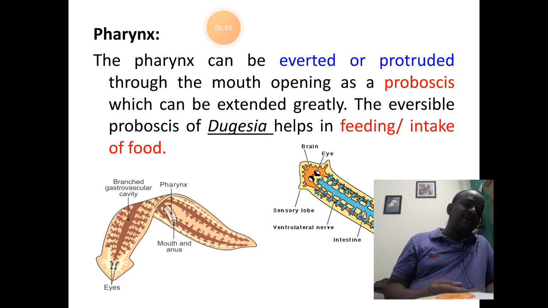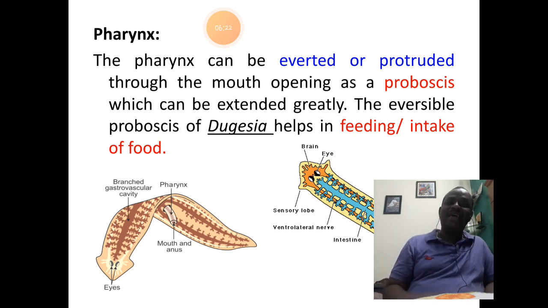This pharynx can come out of the body and can go back into its original position. When it is protrusible, that is, when it comes out for feeding, it forms a tubular, muscular, cylindrical tube structure which is similar to the trunk or proboscis of an elephant.